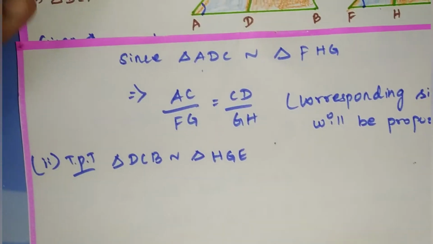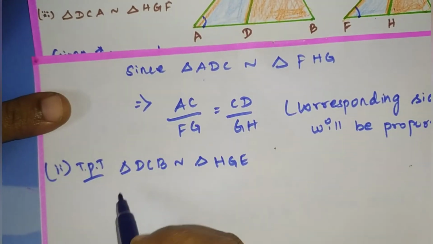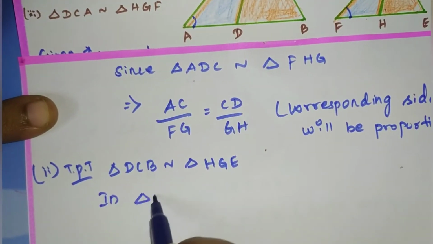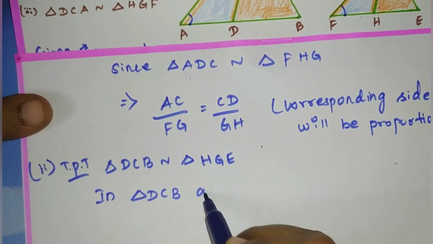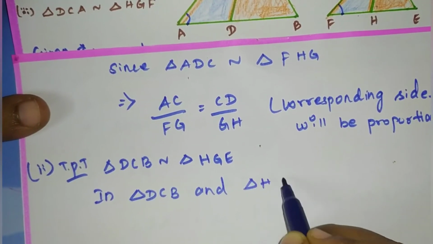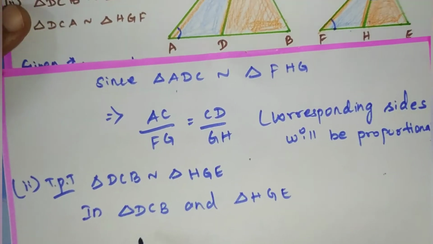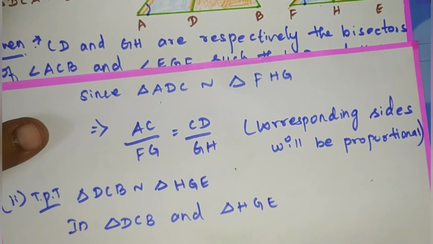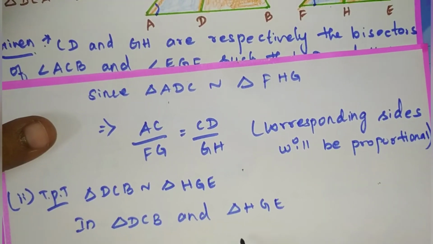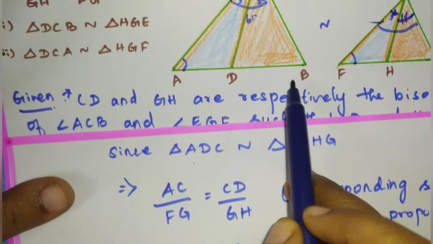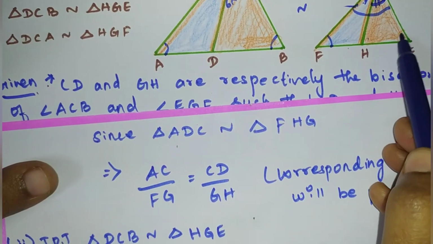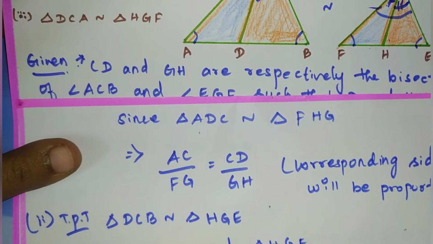Clear? So first I am going to take a triangle. In triangle DCB and triangle HGE, angle B, here angle E, angle B, angle E. Clear?